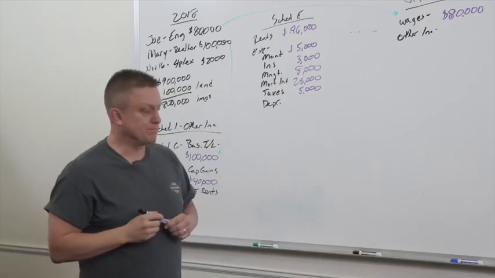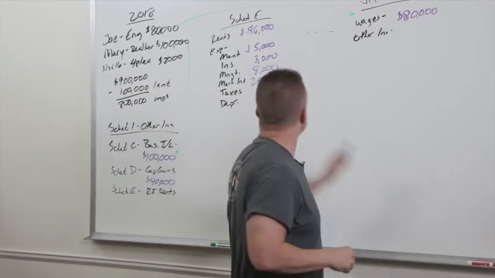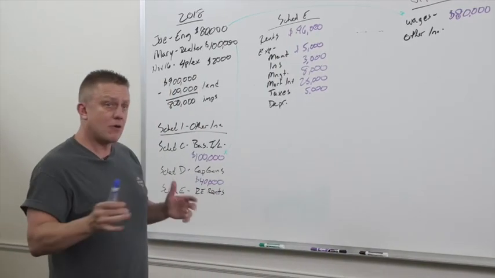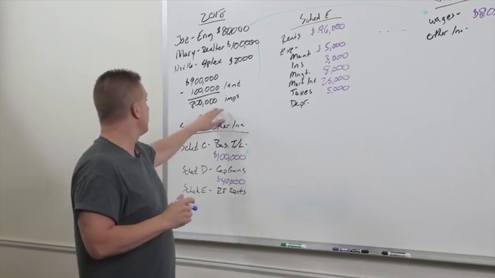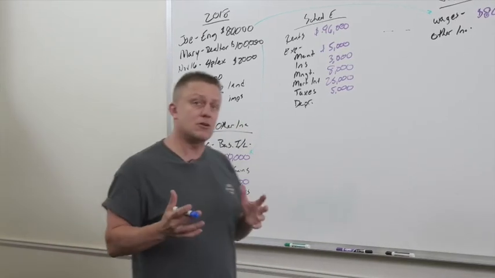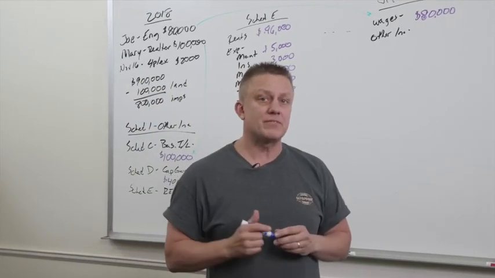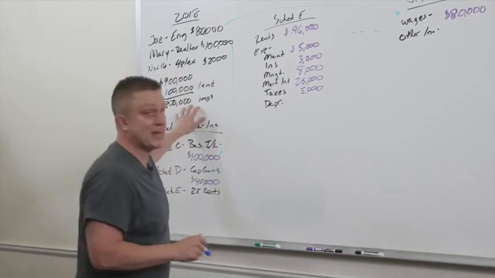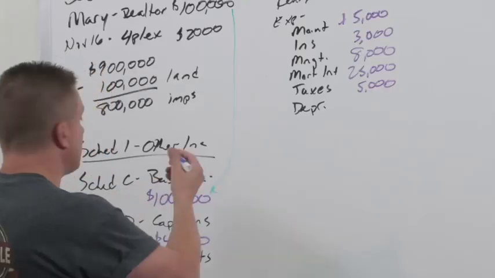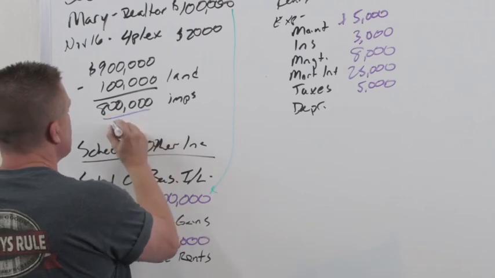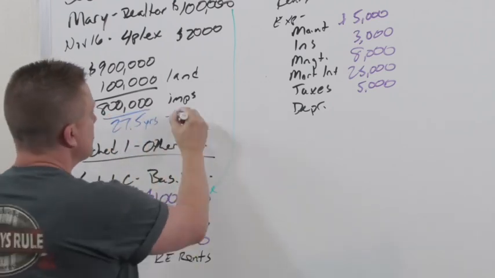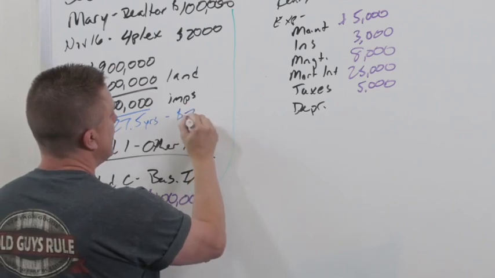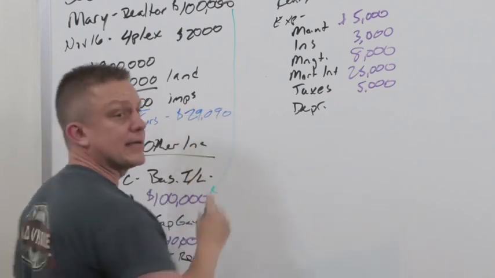Then we get to depreciation. Depreciation is an expense against income. How it's calculated, we actually have to come back here. We have to look at the improvements. The improvements, this $800,000, the law says that in exactly 27 and a half years, this building's not going to be worth anything. So we take $800,000, I'm going to do this in blue for the depreciation, 27.5 years, gives us a depreciation deduction of $29,090.